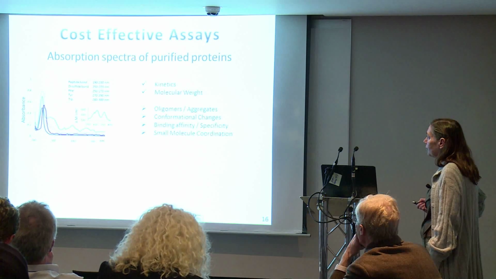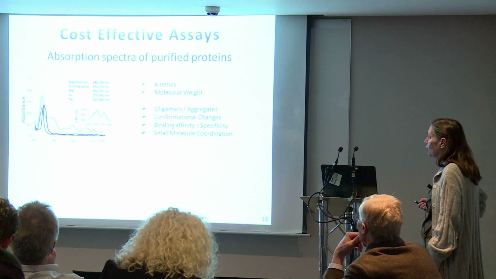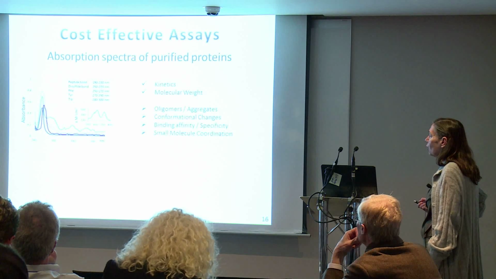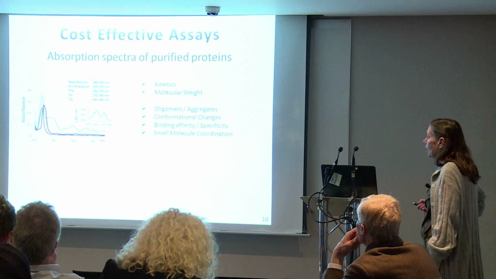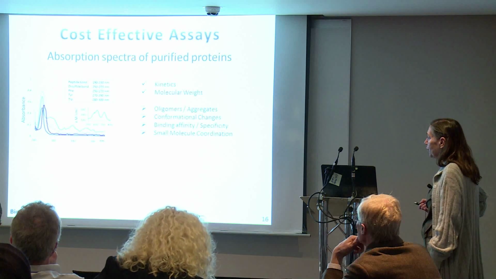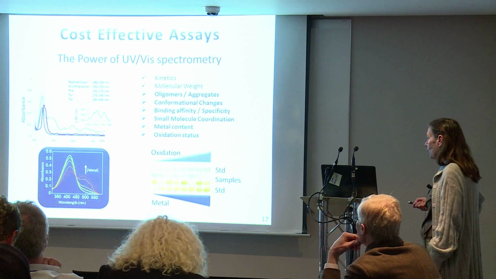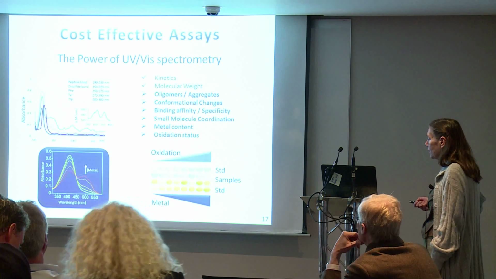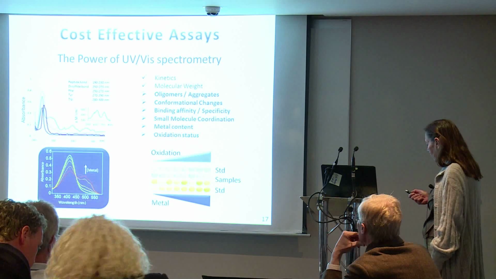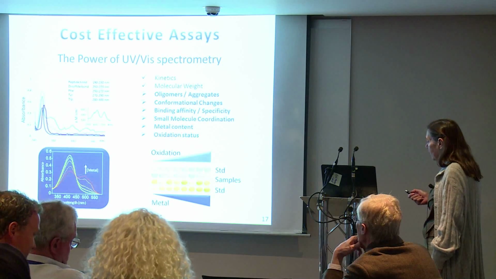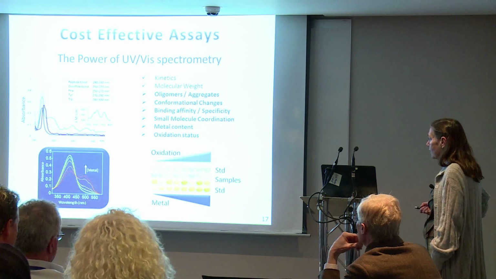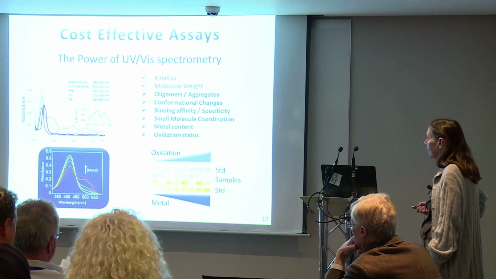We can add more information related to oligomers and aggregates formation, conformational changes, binding affinity, stability, small molecule coordination, and also oxidation and metal content, either as spectral assays or plate-based assays.